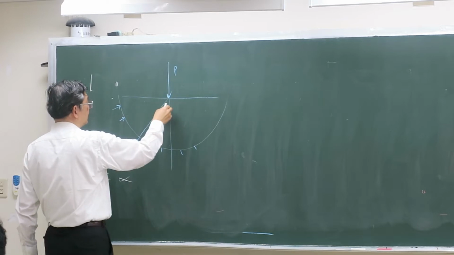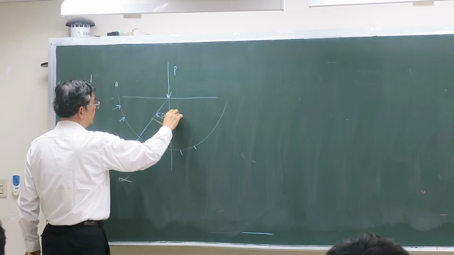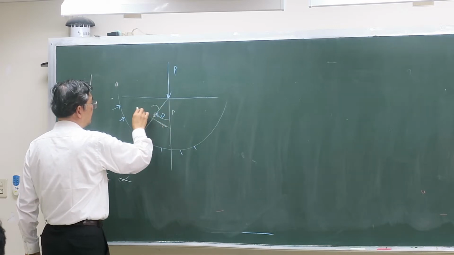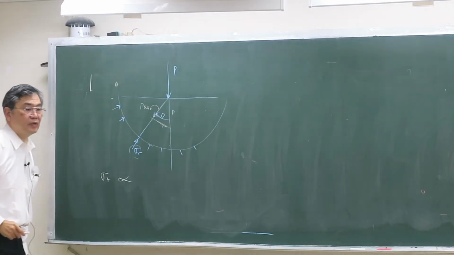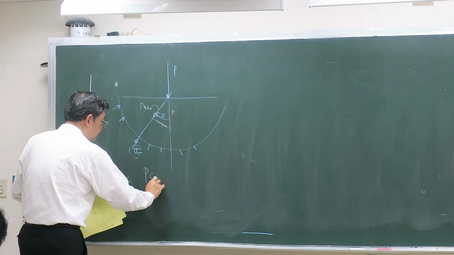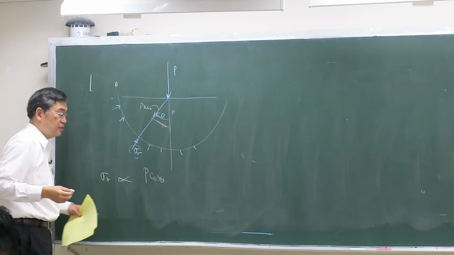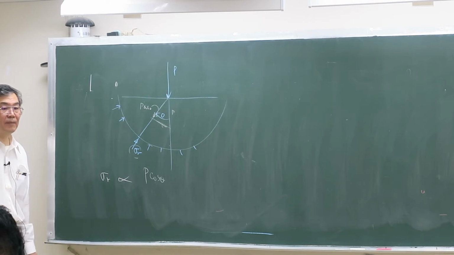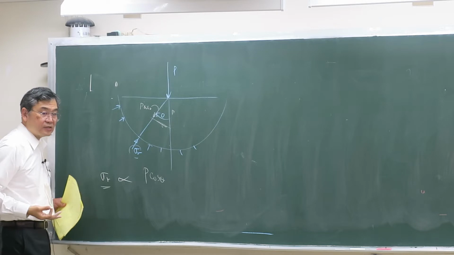So that means it is P, and this component will be P cosine theta. So the stress will be proportional to P cosine theta. That means the force component in this direction, P cosine theta, right? And the unit is stress.